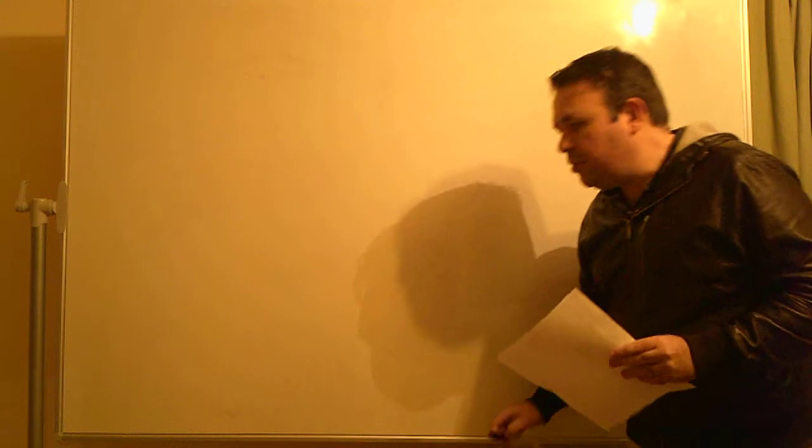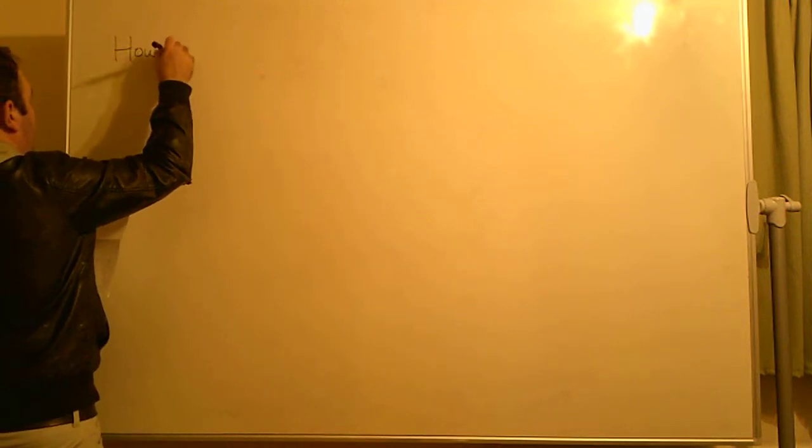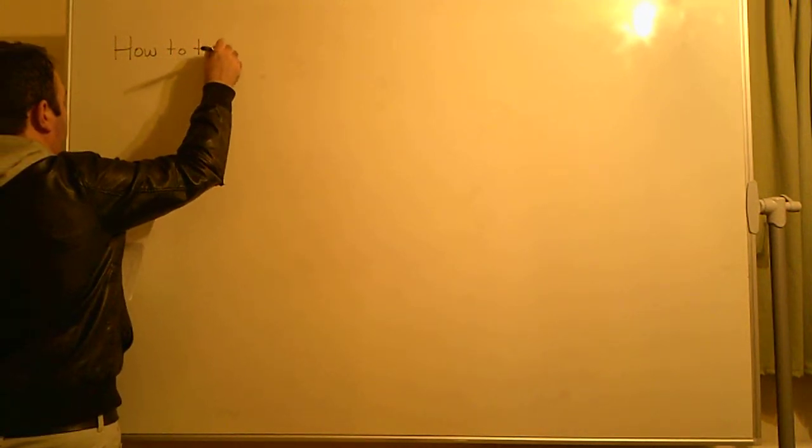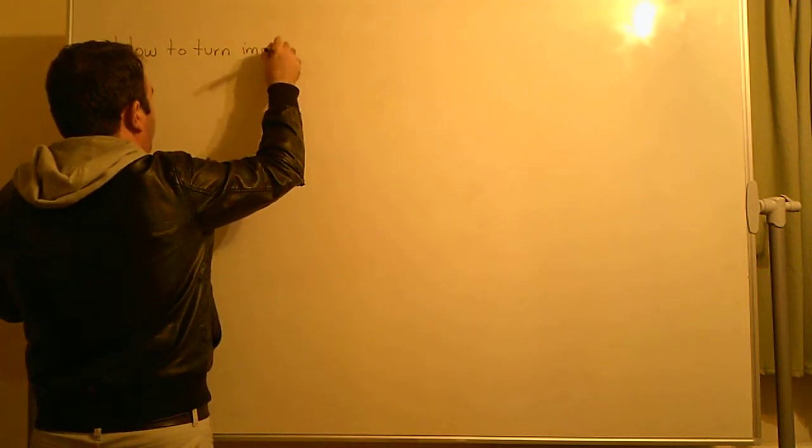Today we're going to study a very important subject that we haven't studied before, but it is now the right time to do it. And that is how to turn improper fractions into mixed fractions. So we're going to start with some examples.